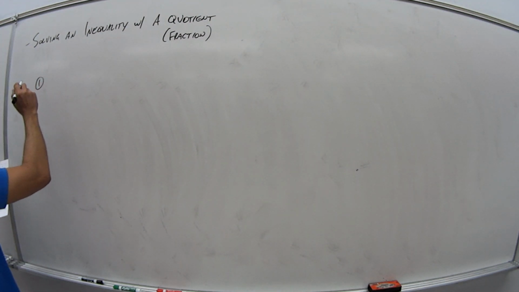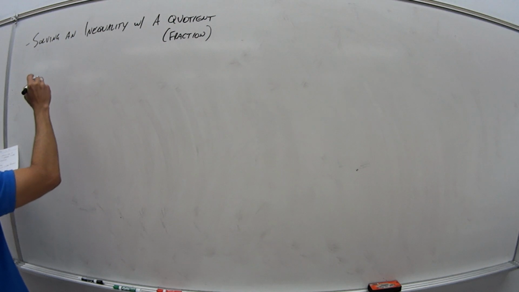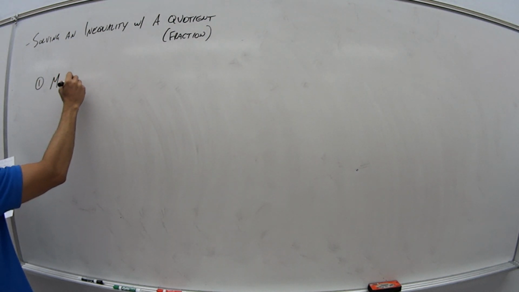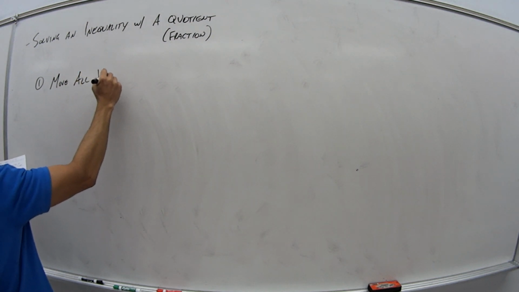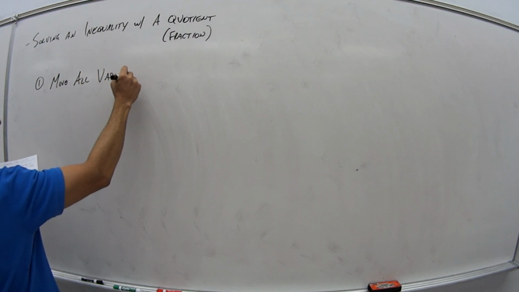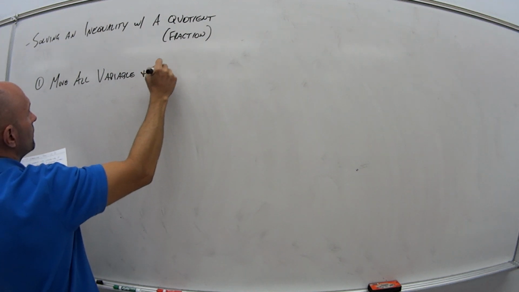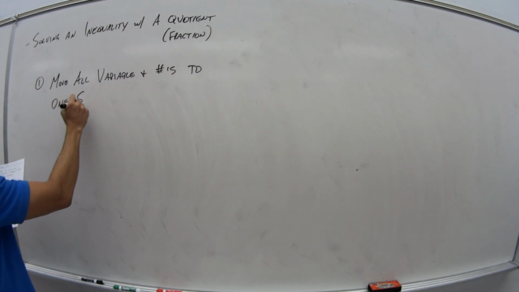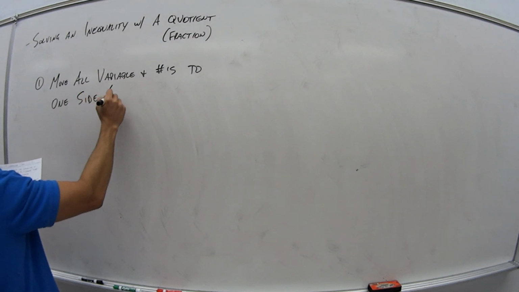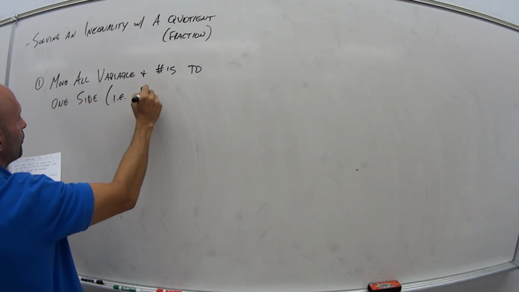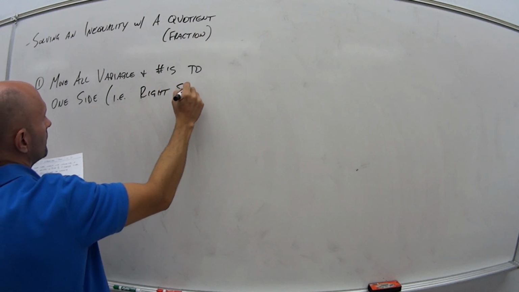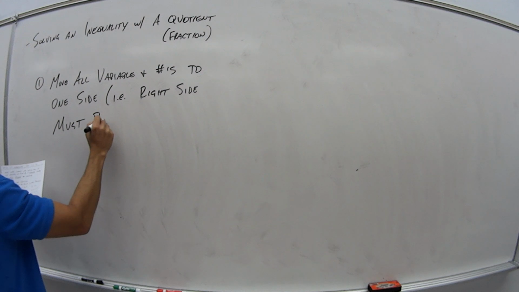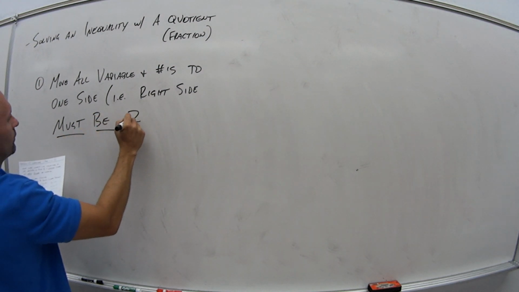Step 1, move all the variables and numbers to one side, i.e., the right side must be 0.